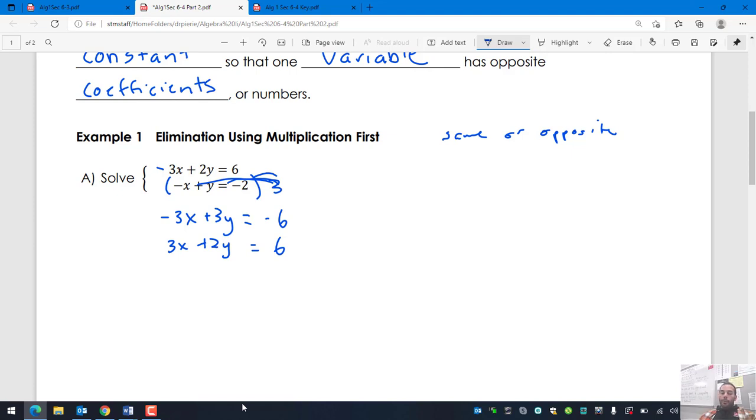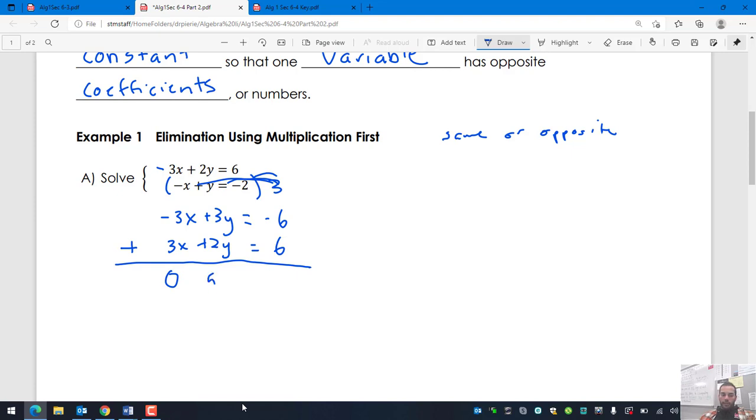And whenever I have opposite coefficients, I'm going to make this one big addition question. My variables are lined up. So let's add the x's together. If I have -3x and I add 3x's, that basically means the x's cancel out and I'm left with 0. Okay, that's exactly what I want. I want the x's to eliminate. Then I jump to the y's. I have 3y plus 2y.